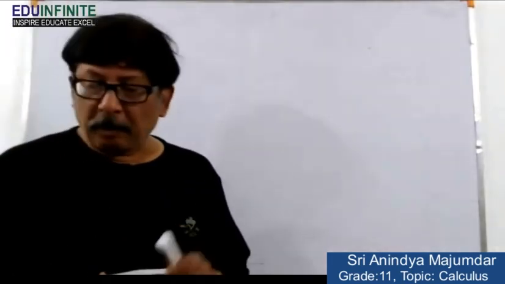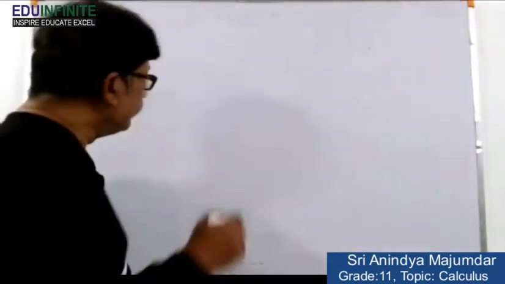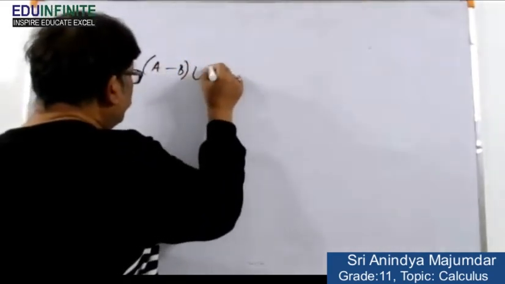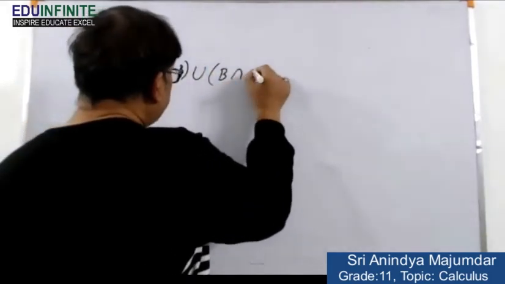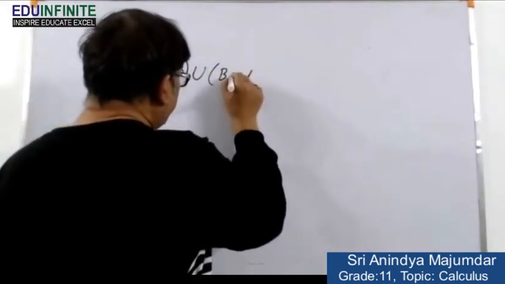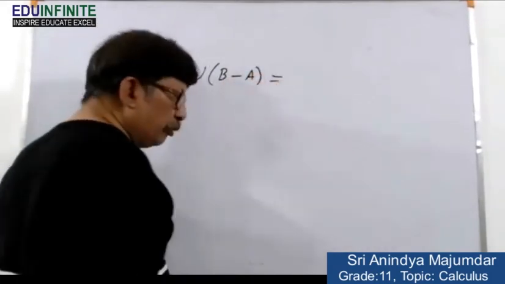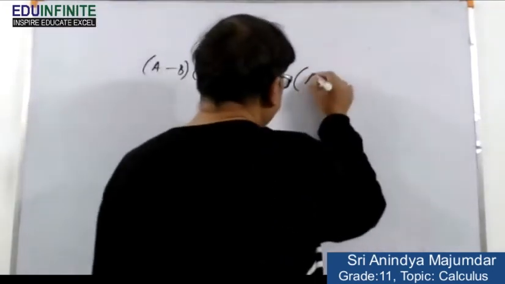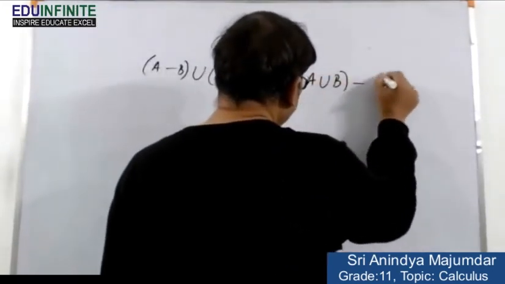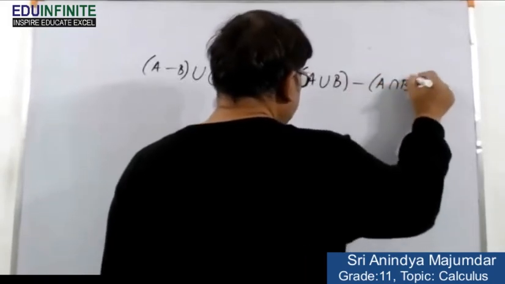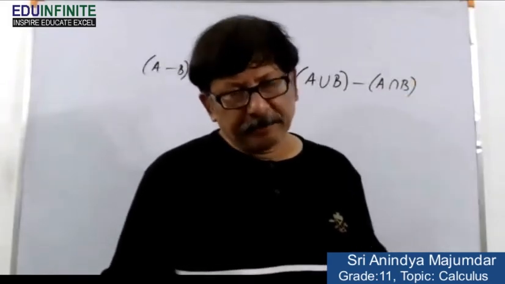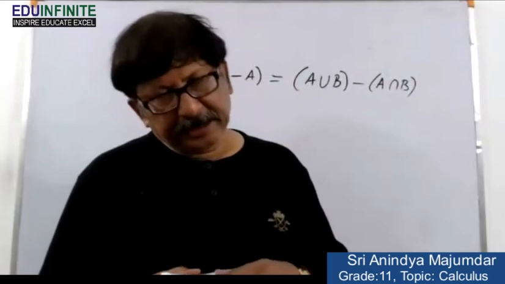Say, with the help of the laws of algebra of sets, A difference B union B difference A is equal to A union B difference A intersection B. You do it with the help of both the Venn diagram as well as the laws of algebra of sets. First try it, then definitely I am with you.